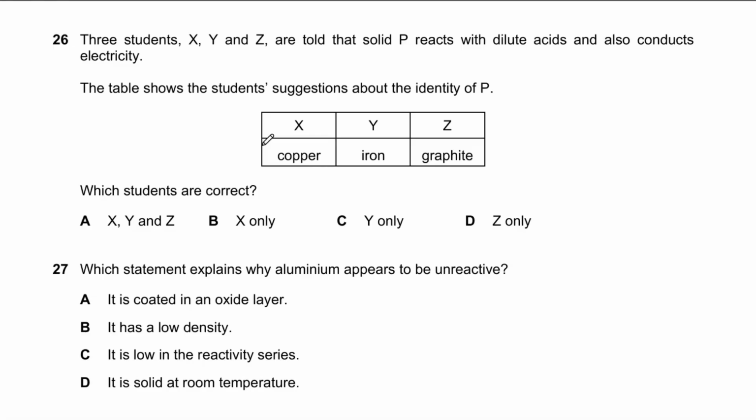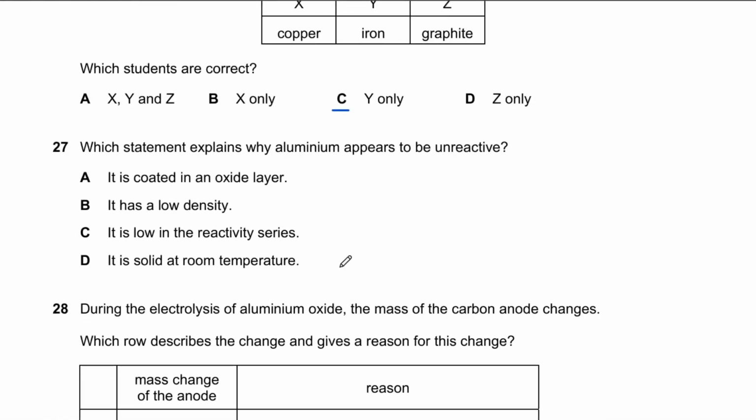Copper does not react with acid. It's very unreactive. And iron reacts and it conducts electricity. While graphite conducts electricity, but it does not react. So our answer is Y, which is iron. So option C is the correct answer. Y only.